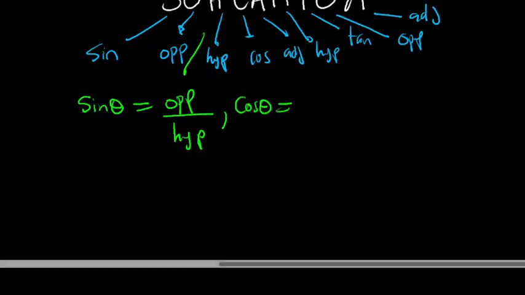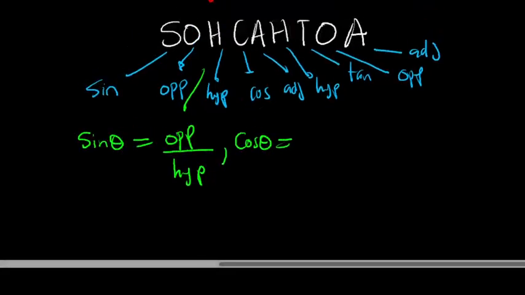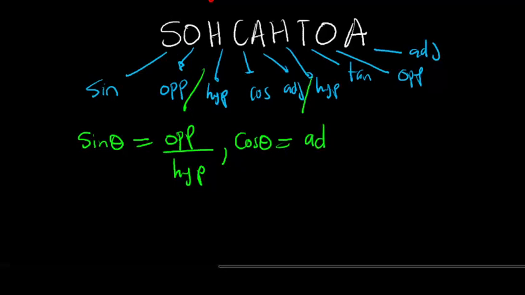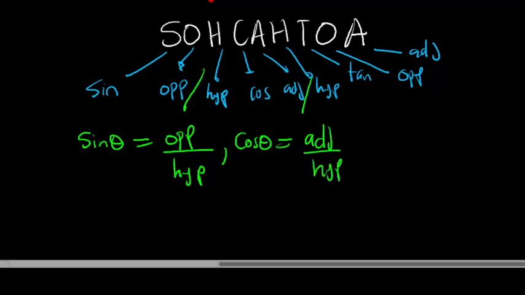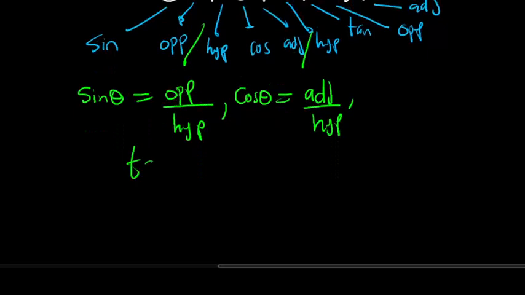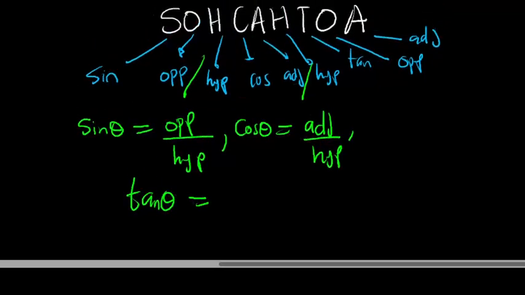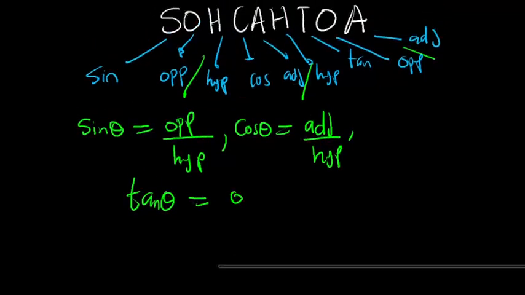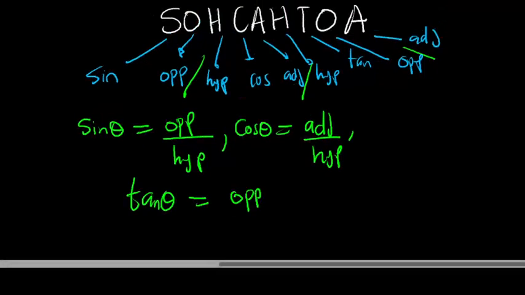So cos theta, we have this and this, adjacent over hypotenuse, and the last one is tan theta. What is tan theta? You use this, opposite over adjacent.